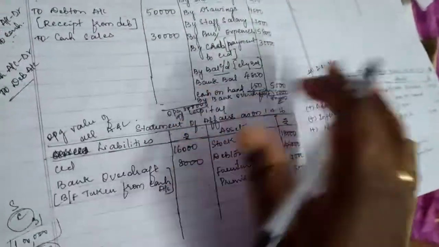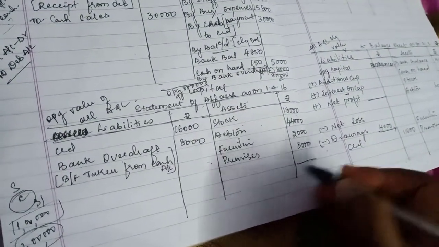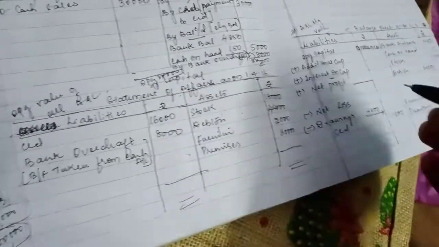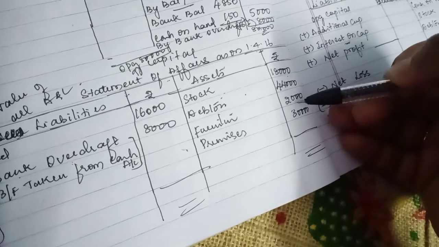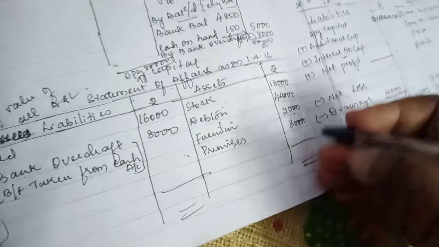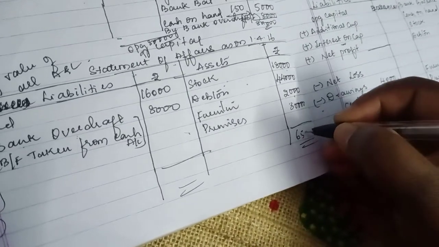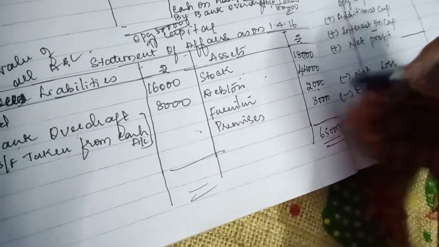Now once you close your cash account, close your capital account as well. So if you see your capital on both sides, how much do you get, check. Here you have 18 plus 44 plus 2,000, that is 40, 50, 60, 65,000. Let's check.